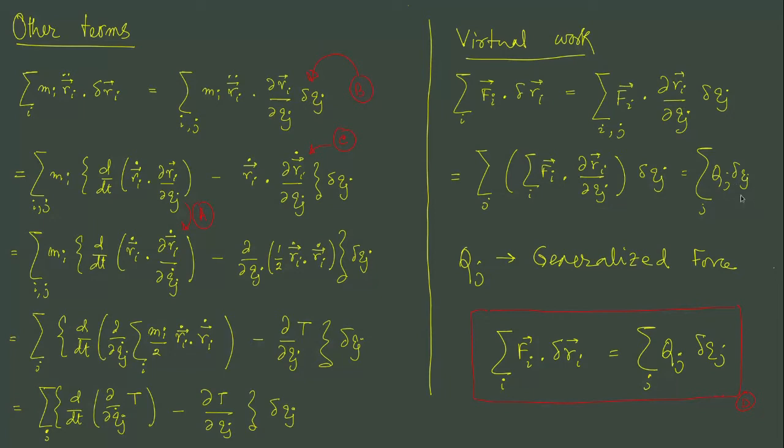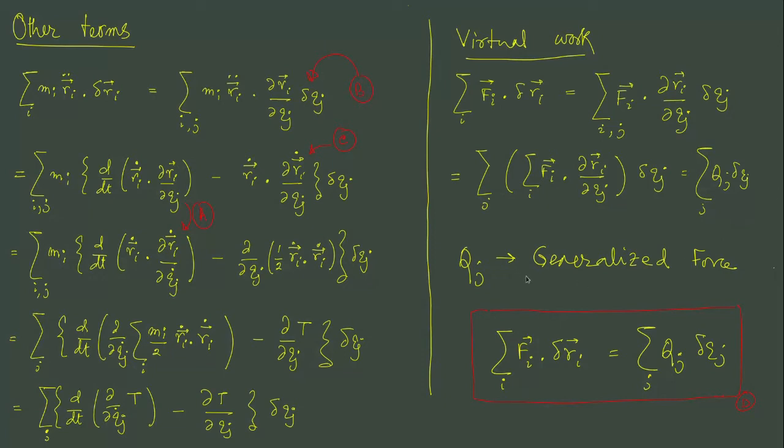Now δq_j is a virtual displacement using generalized coordinates, and after all the left hand side has dimension of energy, so the right hand side should also be energy. So, making a comparison, we call it generalized force. Generalized force times virtual displacement using generalized coordinates gives us the same energy.